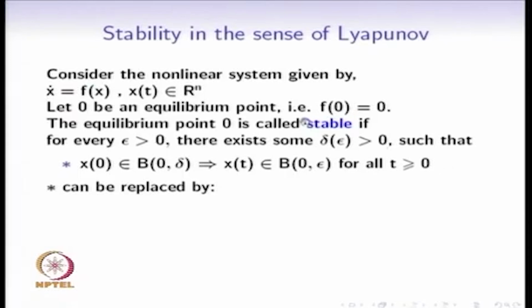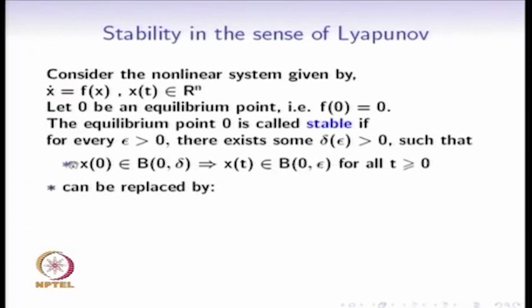So, when do we call the equilibrium point stable? Somebody proposes an epsilon, and asks whether we can find a delta. The equilibrium point will be called stable if no matter what epsilon somebody proposes, we are able to find a delta greater than 0 such that as long as your initial condition is inside this delta ball, your whole trajectory lies inside this epsilon ball.